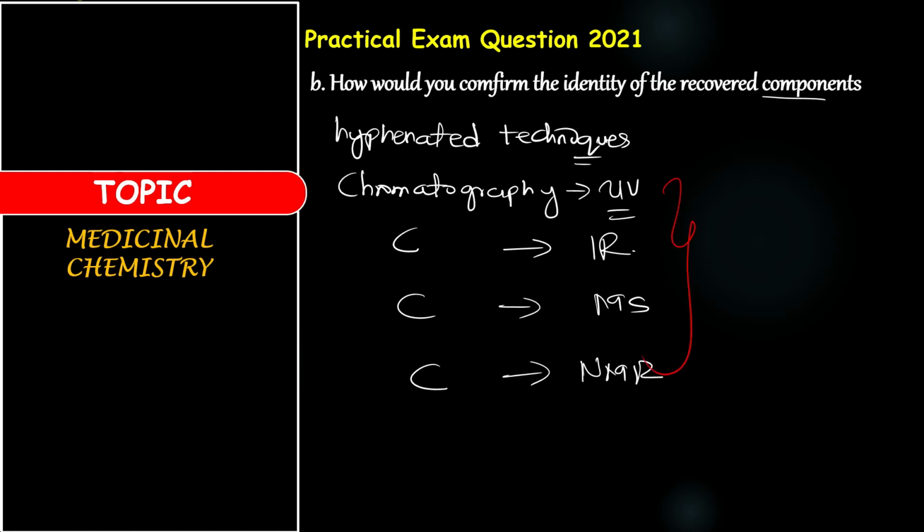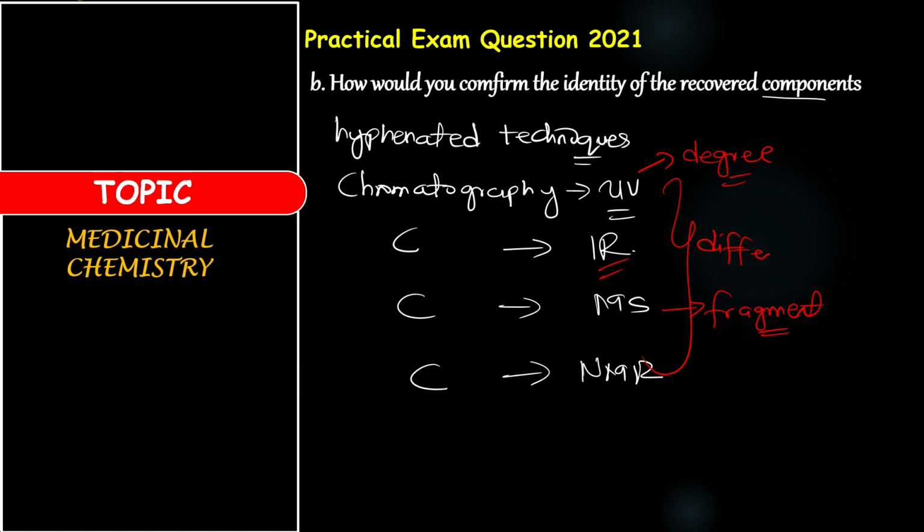So chromatography coupled with UV will help to tell the degree of unsaturation of the organic compound. IR will tell us the different functional groups that are present. Mass spec will tell us the fragmentation pattern and the presence of isotope if present.